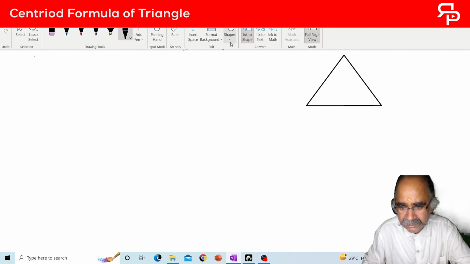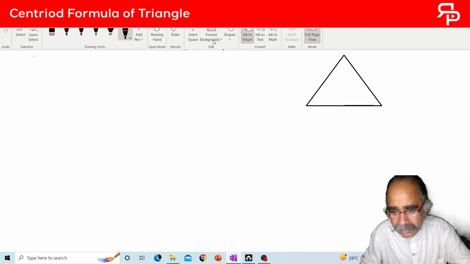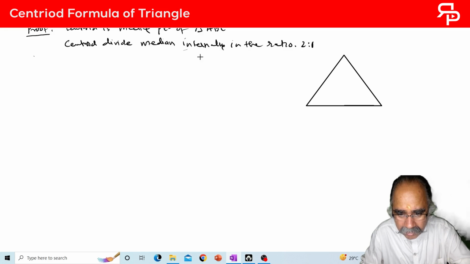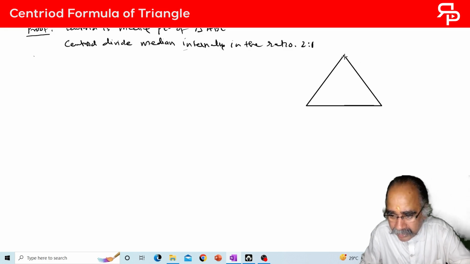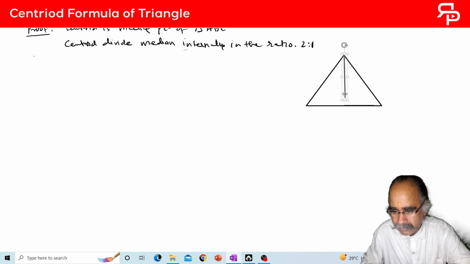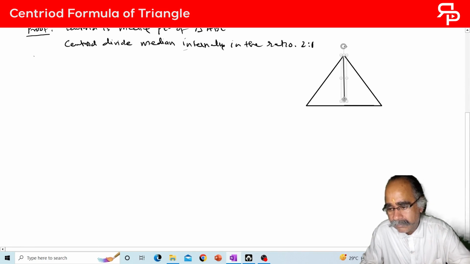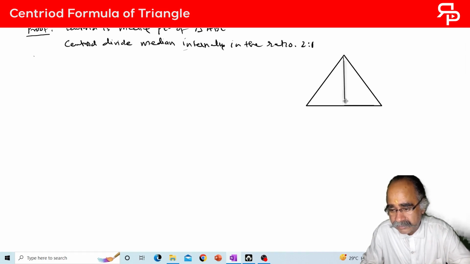I will take pen. Then again I'll take line. Now I'll draw line from this vertex to midpoint. Why is it not completed?